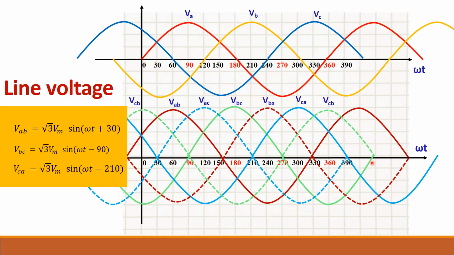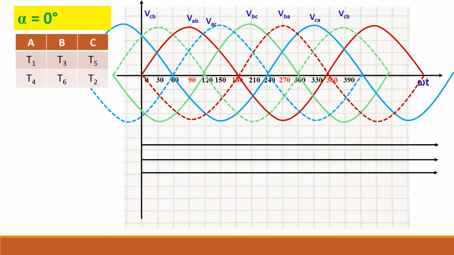So all these waveforms you have to draw correctly. Only if you draw it correctly it looks neat. From that itself you can understand whether you have drawn it correctly or not. You follow the same pattern. First draw VAB, then draw the inversion of that. If you do like that, you can draw it correctly.